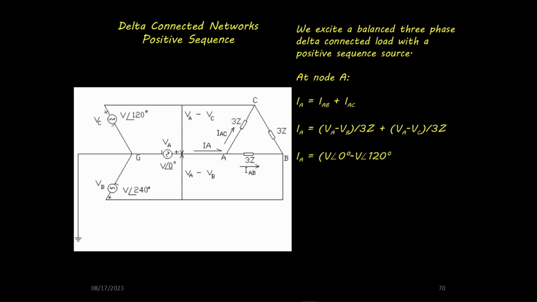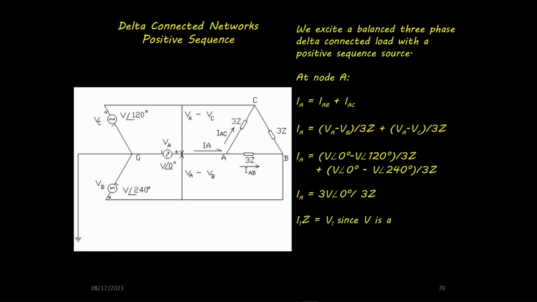IA equals (V at 0 degrees minus V at 120 degrees) divided by 3Z plus (V at 0 degrees minus V at 240 degrees) divided by 3Z. Summing terms, IA equals 3V at 0 degrees divided by 3Z.